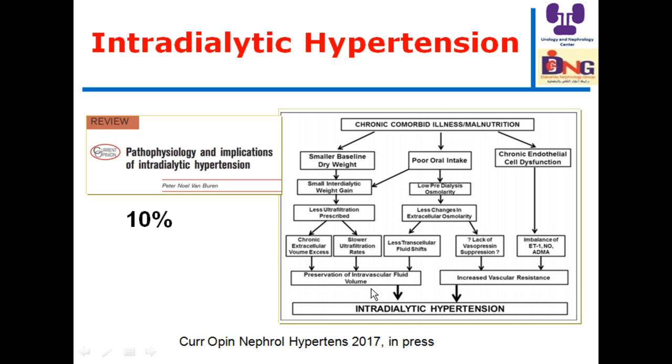So we should think of the blood volume to avoid intradialytic hypertension. Another point is to look at the dialysability of drugs. Even if we use a beta blocker, it's better to use carvedilol rather than atenolol. And we know that ACE inhibitors are dialysable, ARBs are not dialysable, so we may select the best drug for the management of these patients.